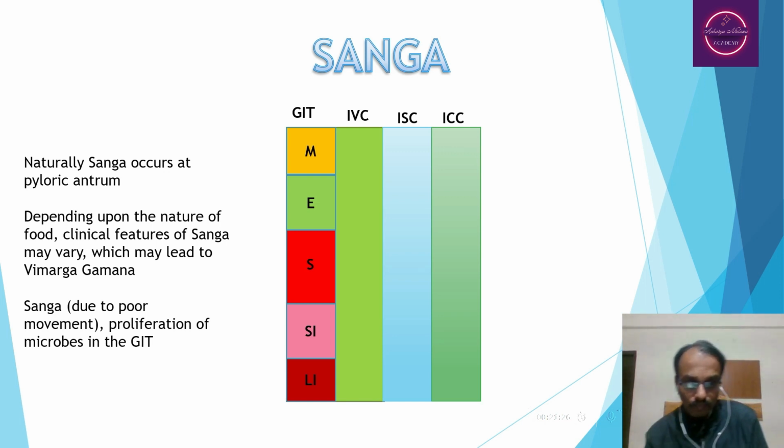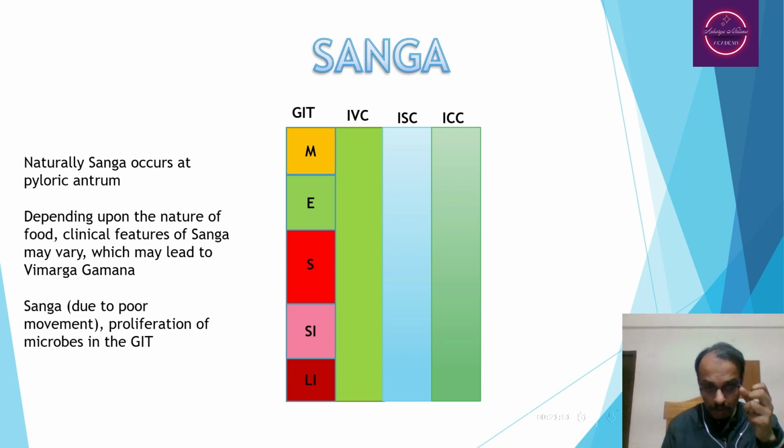And depending upon the nature of the food, we have said that the clinical features of Sanga may vary. That's what I have said. If a person is taking simple papad, or idli, or aloo paratha, on all these occasions the time of stasis of food in the stomach may vary.